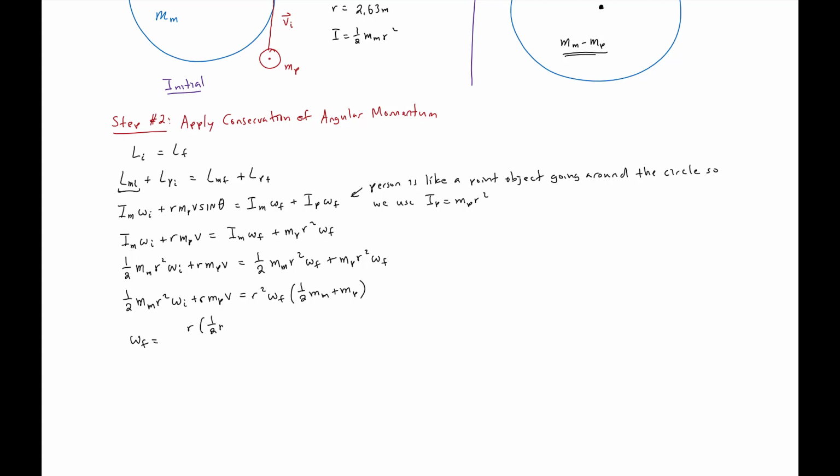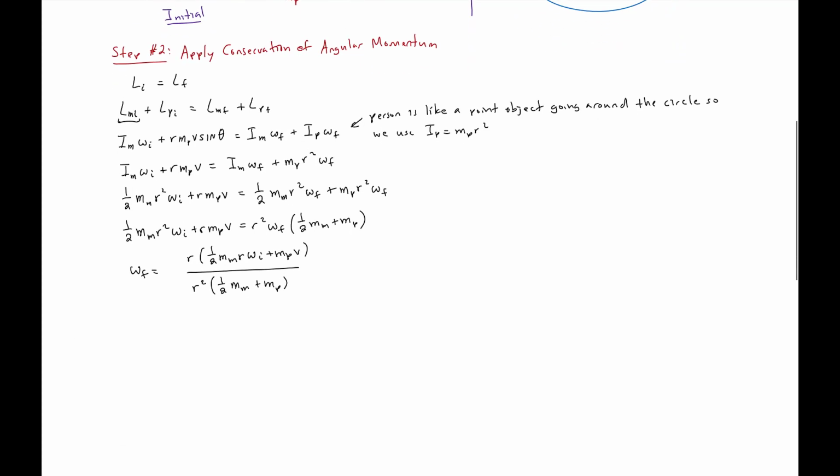We have 1/2 m_m r omega_i plus m_p v divided by r, all over 1/2 m_m plus m_p.